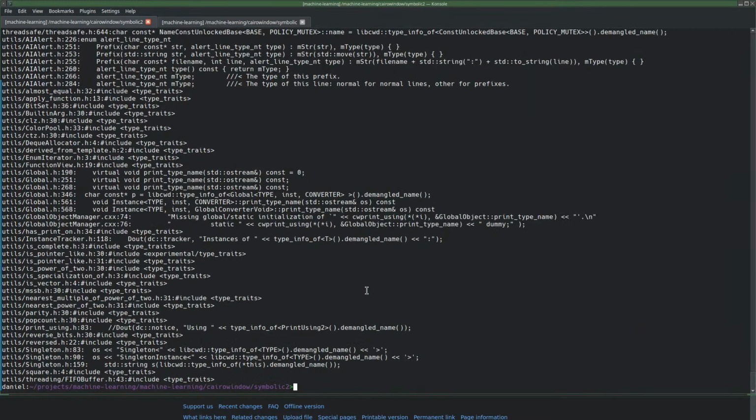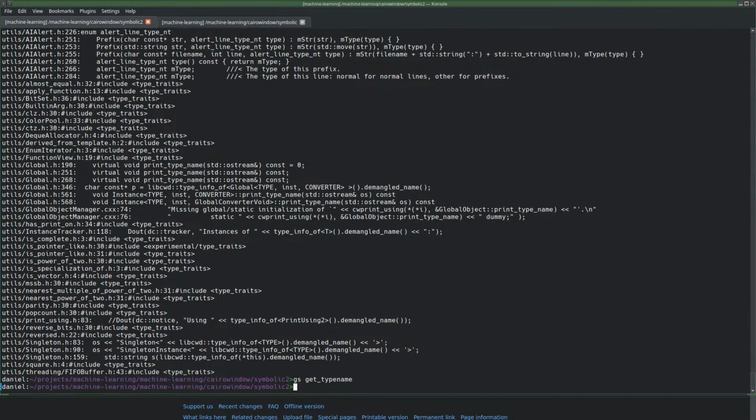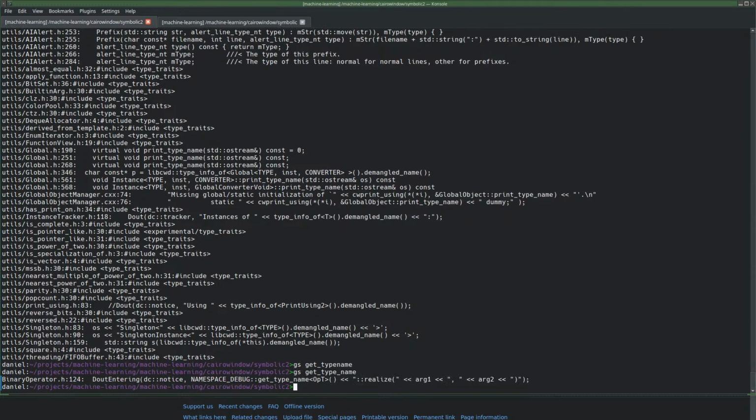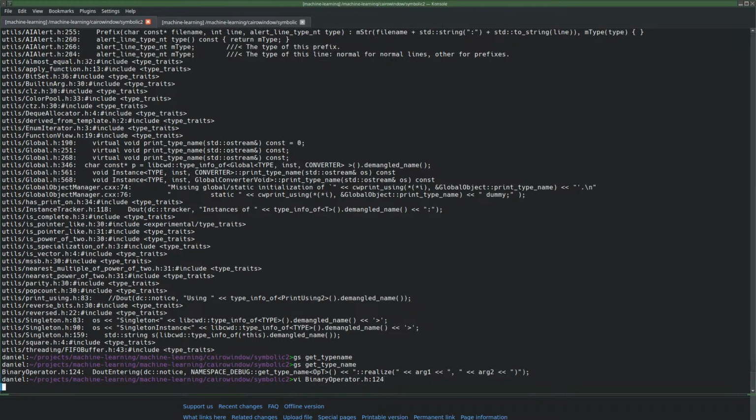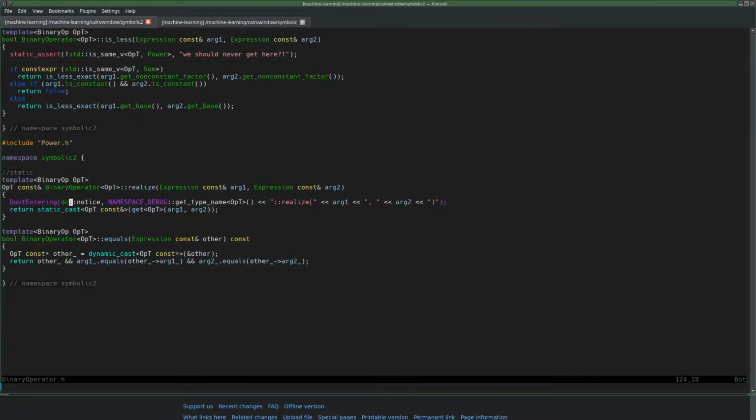Type name of. Instant color. There's no get and off.